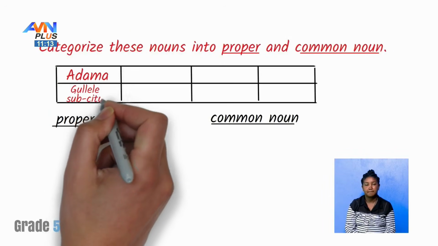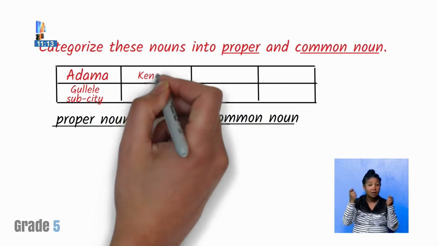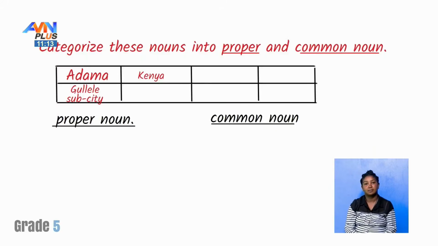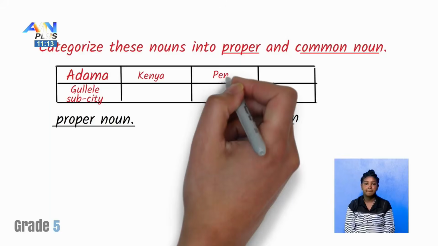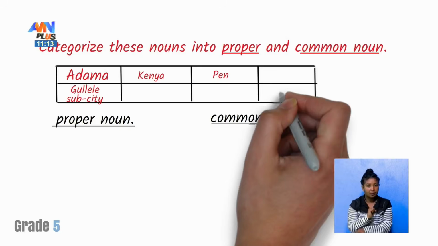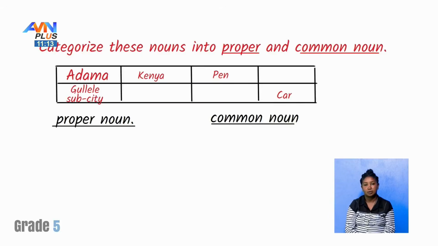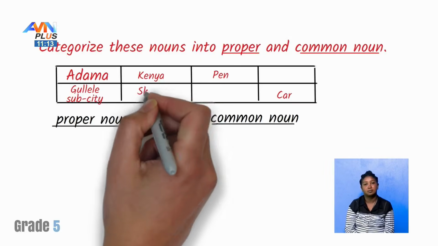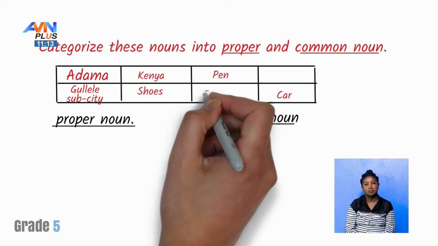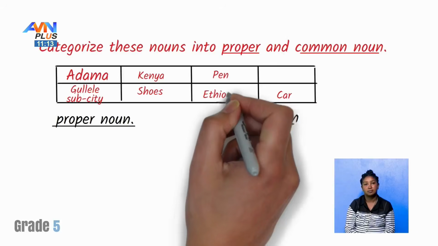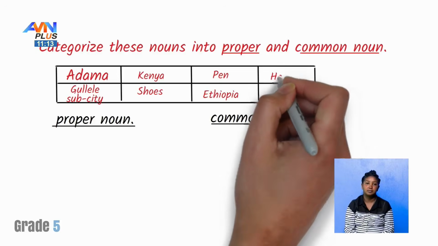And also we can say Kenya, pen, car, shoes, Ethiopia, and Hassan.